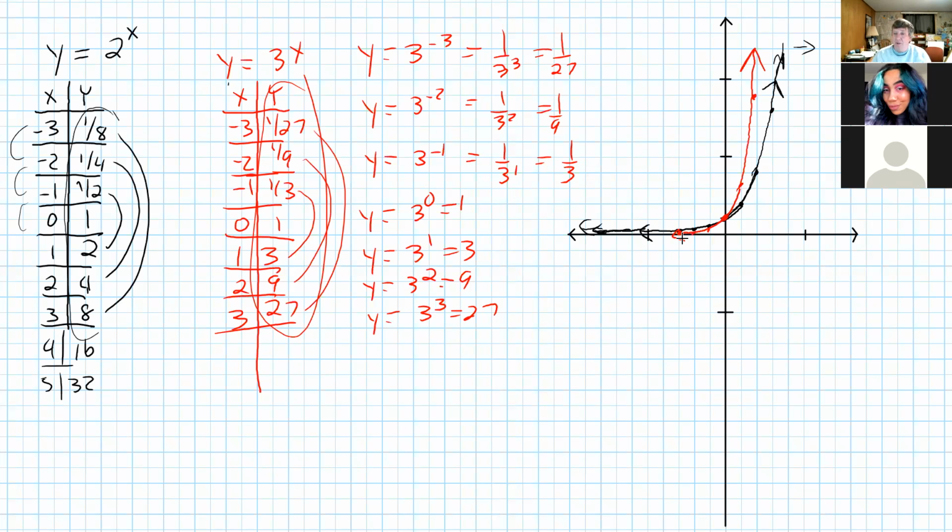But notice the domain is all real numbers. The range is greater than 0. The y-intercept is at (0, 1), and it's increasing over its entire domain. Any questions there? Let's take a look at another graph.